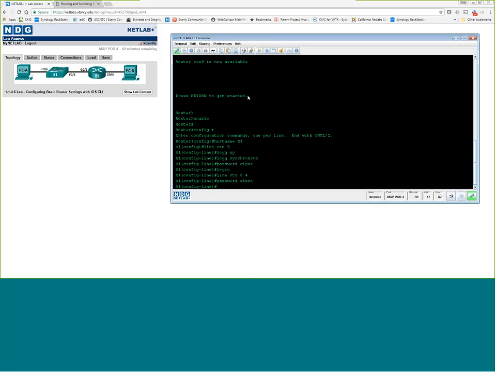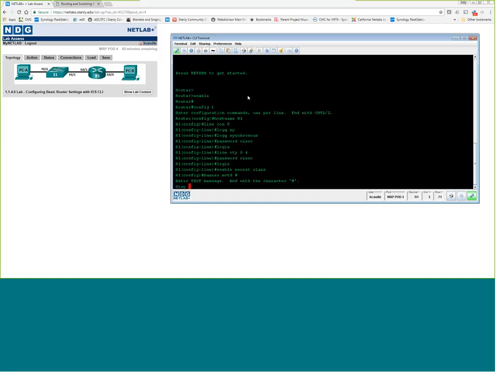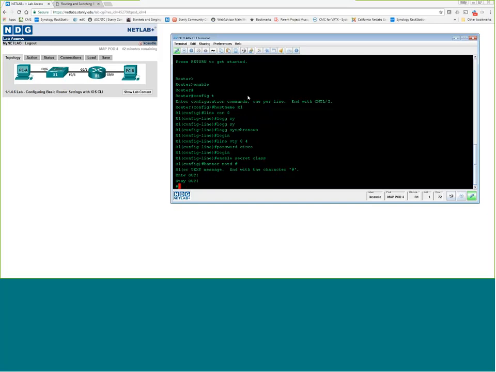Password Cisco. Login. Okay. Enable secret class. And I'm just going to do a banner MOTD, stay out. It's not a very good banner, but it is a banner. So at this point, I've really done the basic config on the router itself, other than the interfaces.